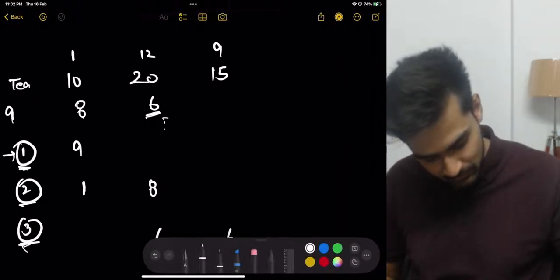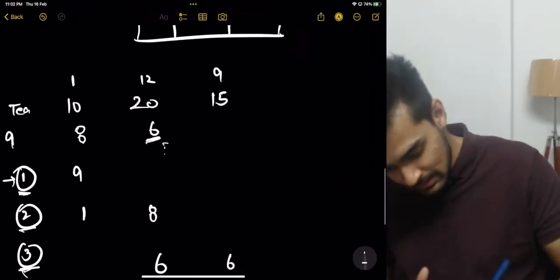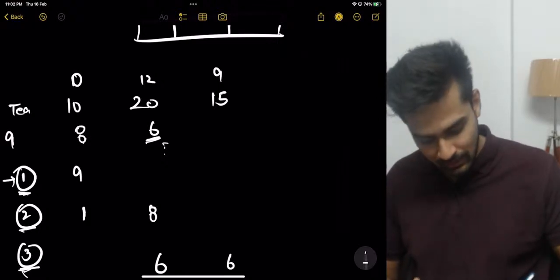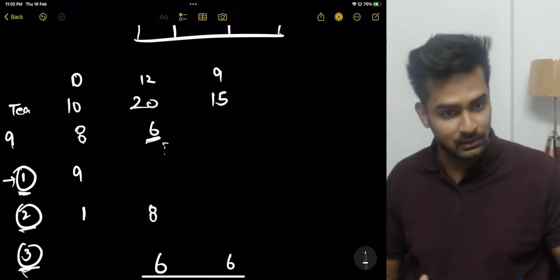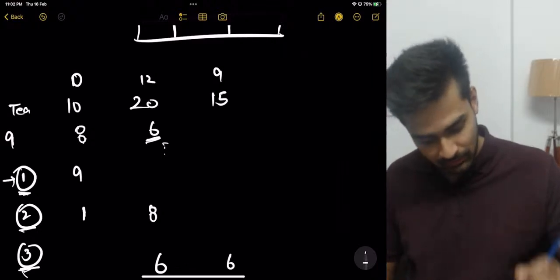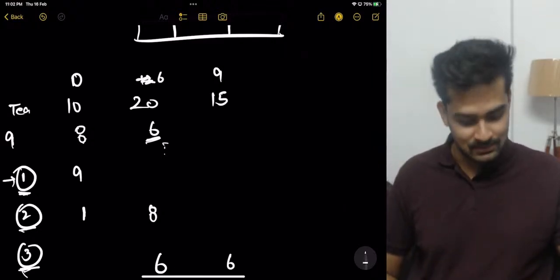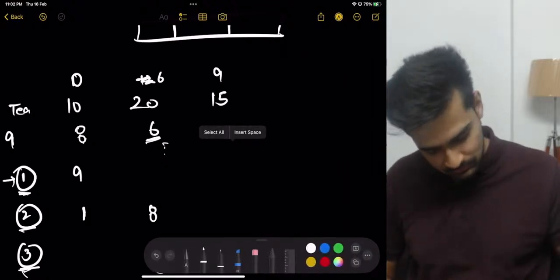Now again everything moves. Before that, how much is left? 0 is left here, because 8 we had to take, but 1 it gave to the second person, so 0 left. Here 12 minus 6 is 6. Here the entire 9 is left. Now again everything moves.